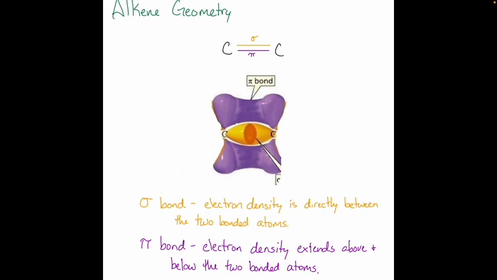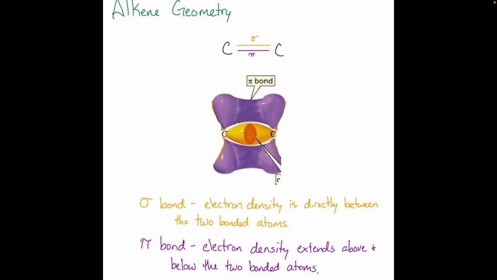All right, we talked about how alkanes were boring. They don't have any reactions. And all of a sudden, we throw a double bond in there, and now these are going to have some fairly interesting reactions that are associated with them. The reason for that is because when you have a double bond, you have this pi bond, and the geometry of that pi bond is really weird. That electron density is no longer just located between those two atoms, but it's actually extending up and below those atoms, which makes it really easily accessible from something else, right?